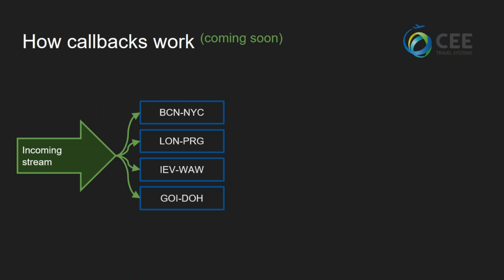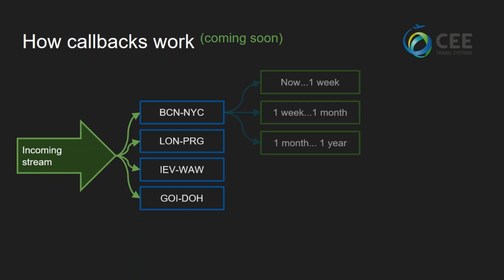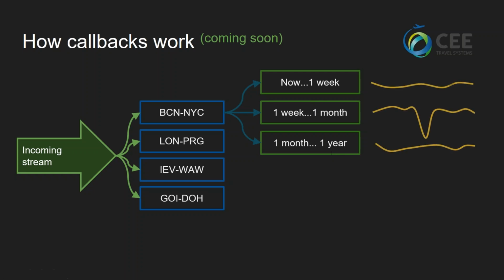So believe me, it's a pretty long list. And for each city pair, we split the data into 3 categories by the day of the first flight. So the first one is from now till 1 week, from 1 week till 1 month, and from 1 month till 1 year. And then we draw a line of the minimum fare in this category for the city pair.